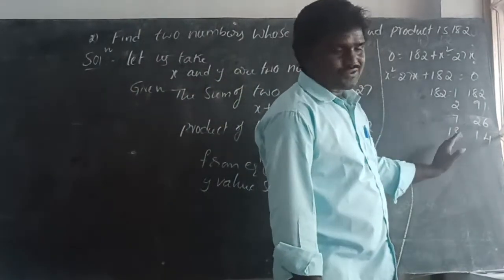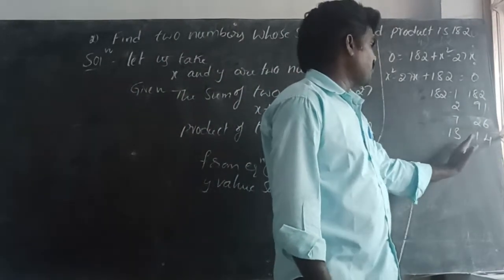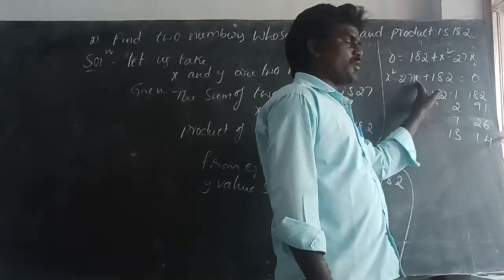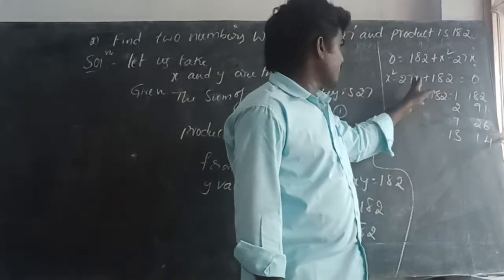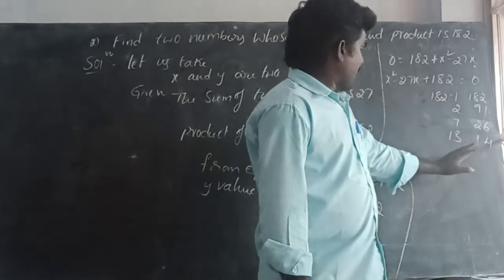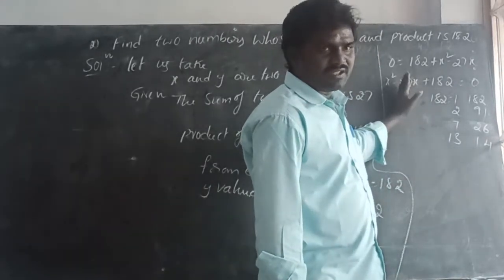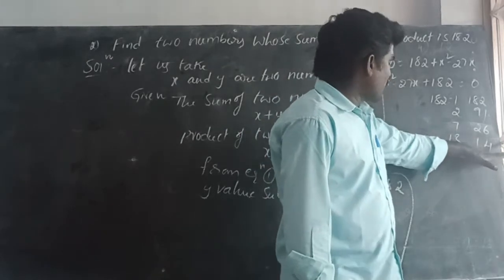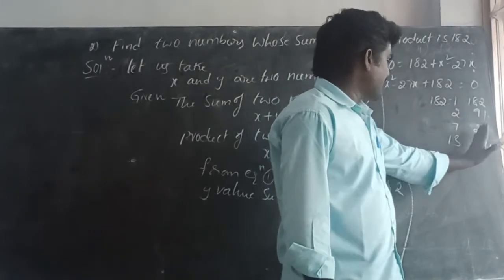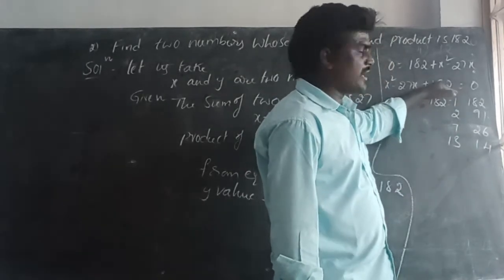Among these factors, we take any two factors whose sum or difference becomes the x coefficient. So what is the x coefficient here? Minus 27. So minus 13 and minus 14 give minus 27. 13 into 14 is 182, and minus 13 into minus 14 is plus 182.